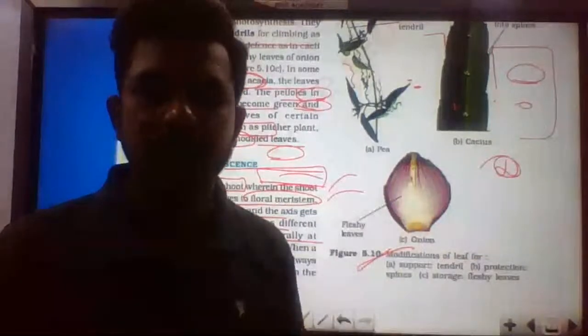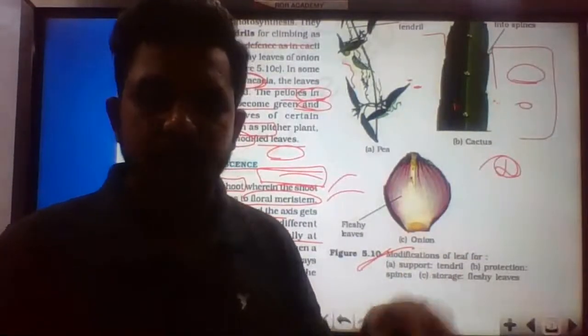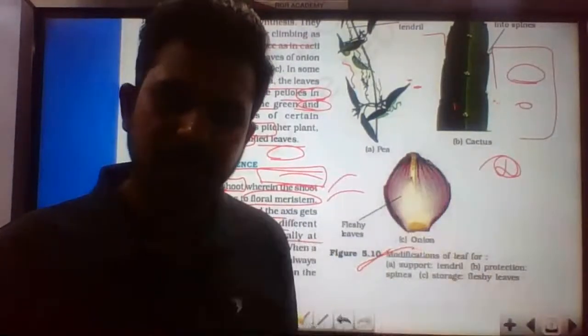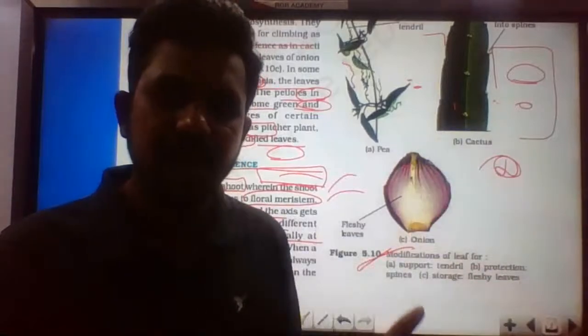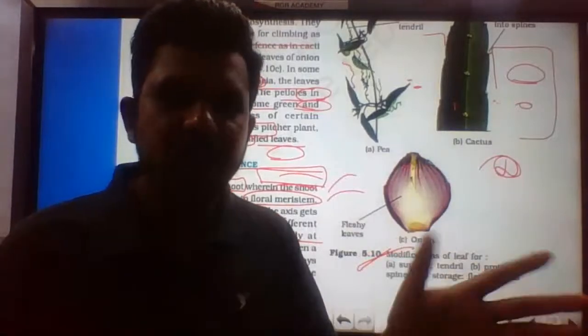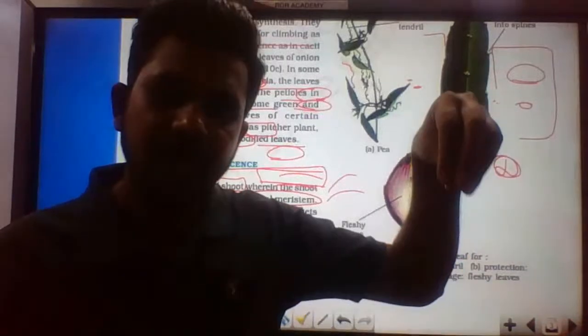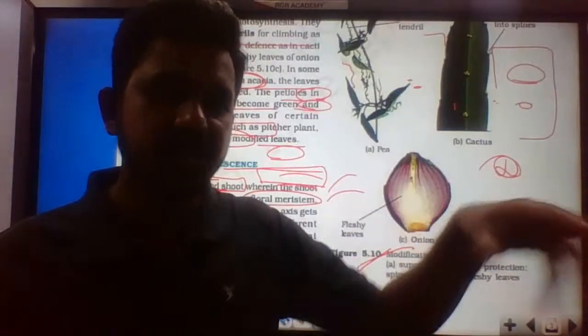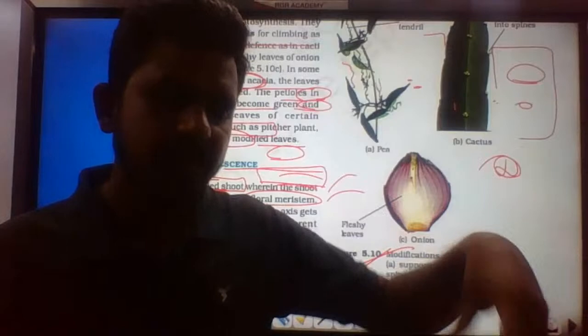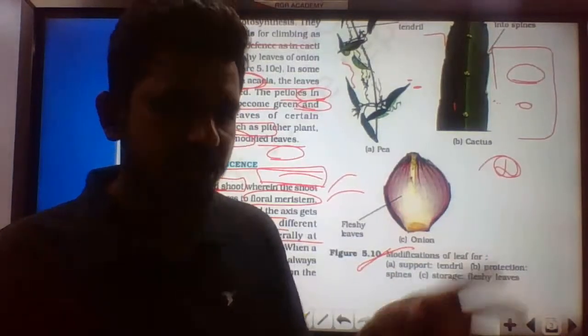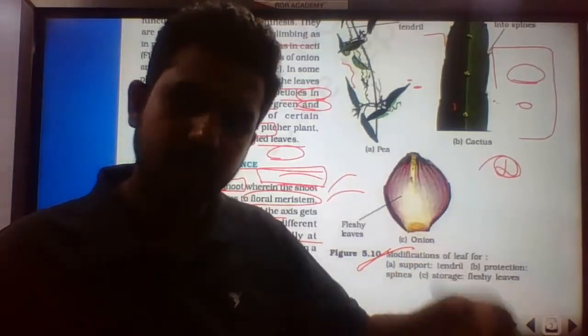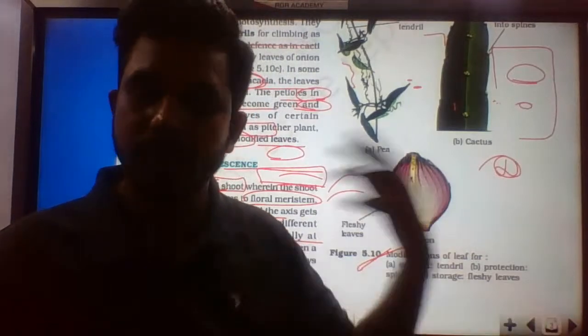Food storage is a different thing. If there is chloroplast, definitely food is synthesized, but the storage region is different. Food is stored in various regions of the leaf and various regions of the stem. It is not only stored in leaf, food is also stored in stem and in roots.